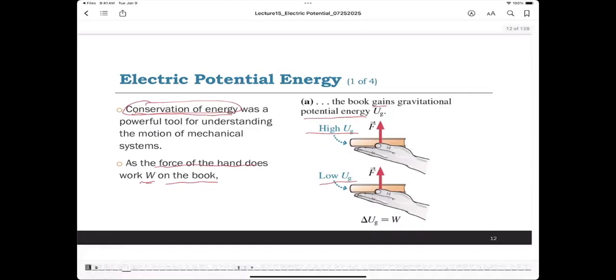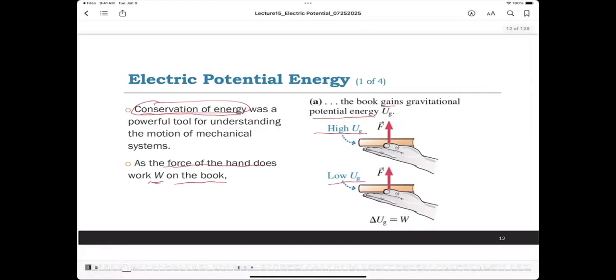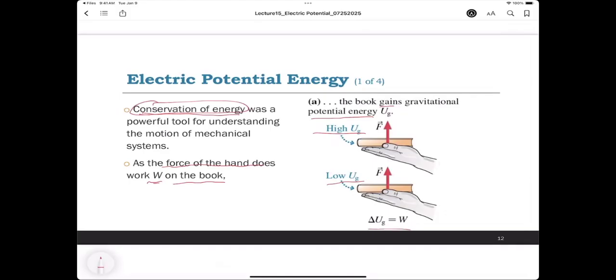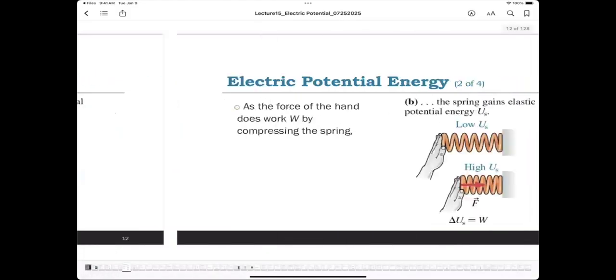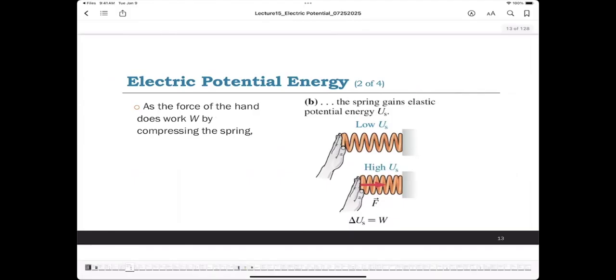That makes sense to you? The delta U_G should equal the work W the force of the hand does.